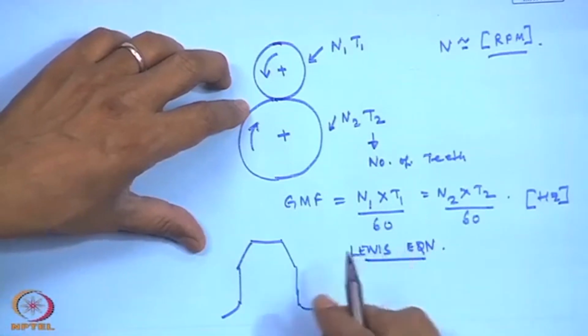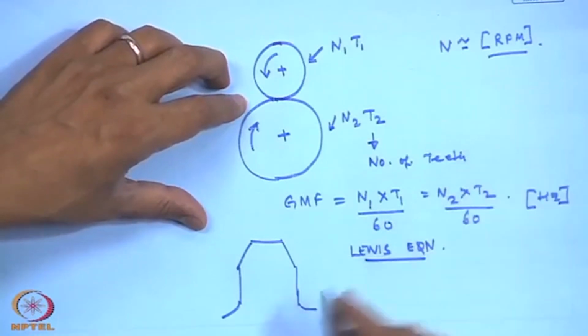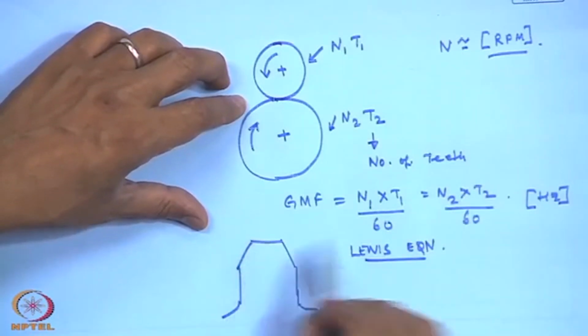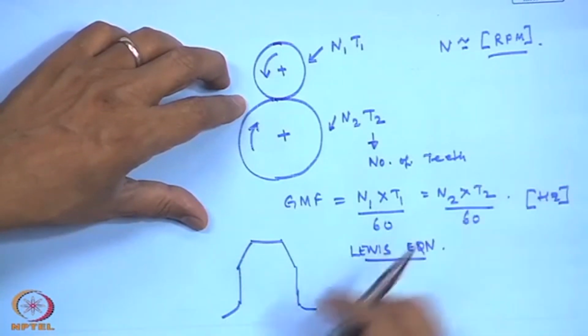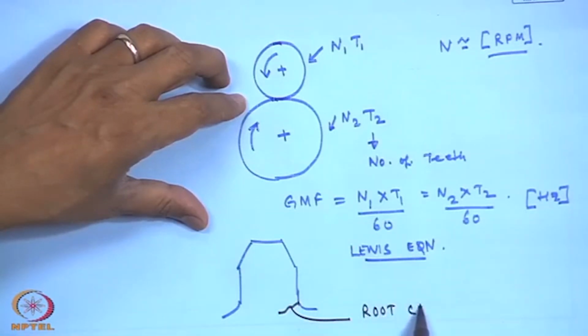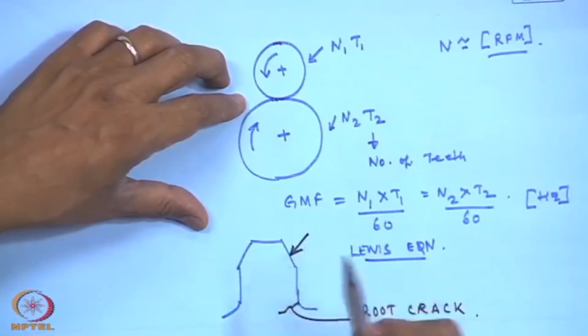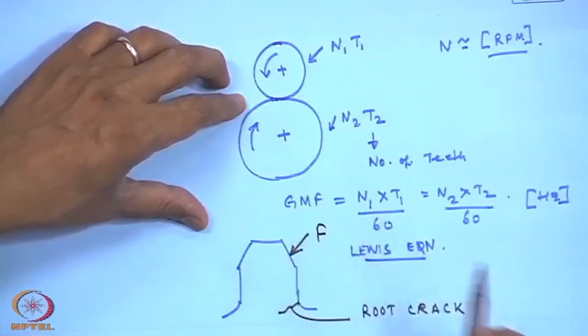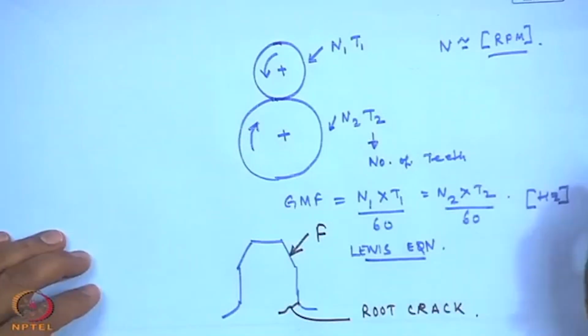In a gearbox design, those of you who do gear design know that because this is like a cantilever, there will be failures, and these are usually the root crack, because excessive loads came onto the gearboxes.